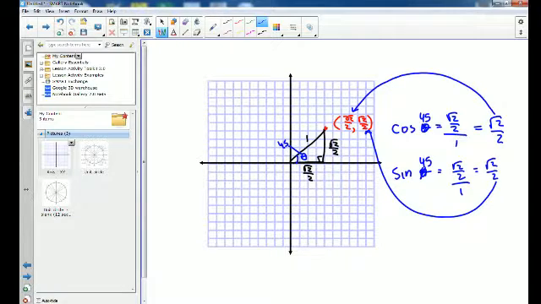Okay, so let's look at something like this. This is a 30, 60, 90 triangle. What did we say this was? 1/2, and this was root 3 over 2. So 30 degrees is our reference angle. What are the coordinates at this point?